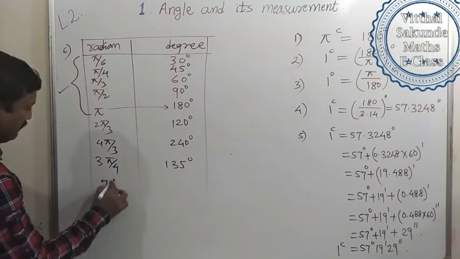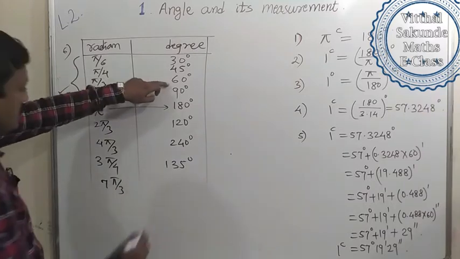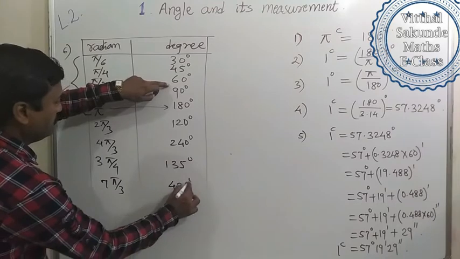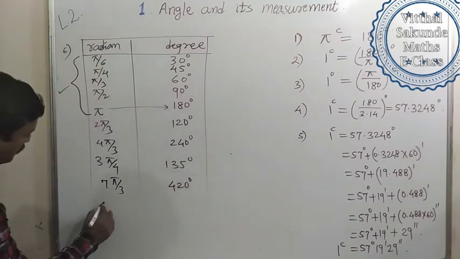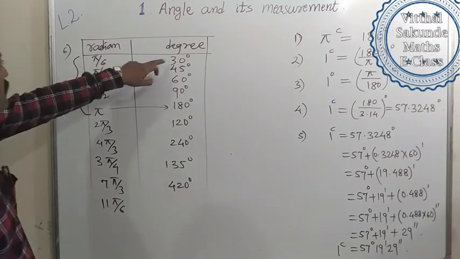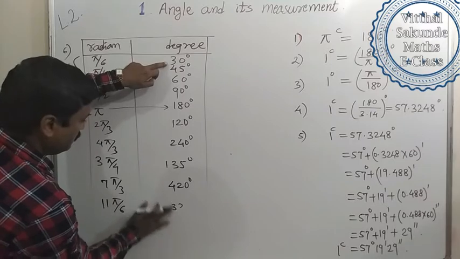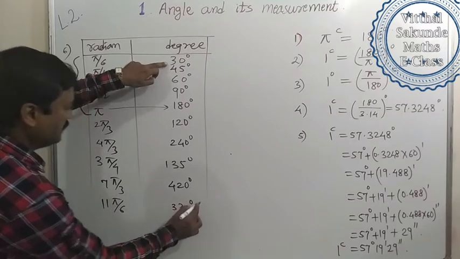If 7 pi by 3 is given, then it is 7 times pi by 3. Pi by 3 is this, so it will be 420 degree. If you want 11 pi by 6, then pi by 6 is this, 11 times, it is nothing but 330 degree.